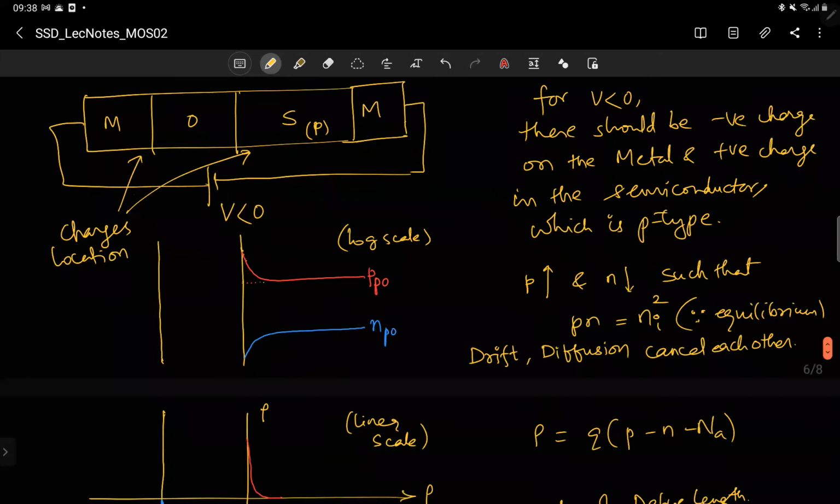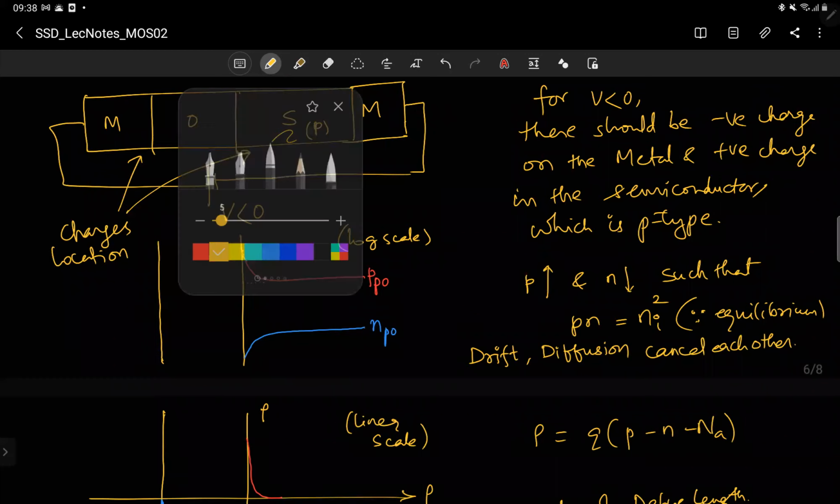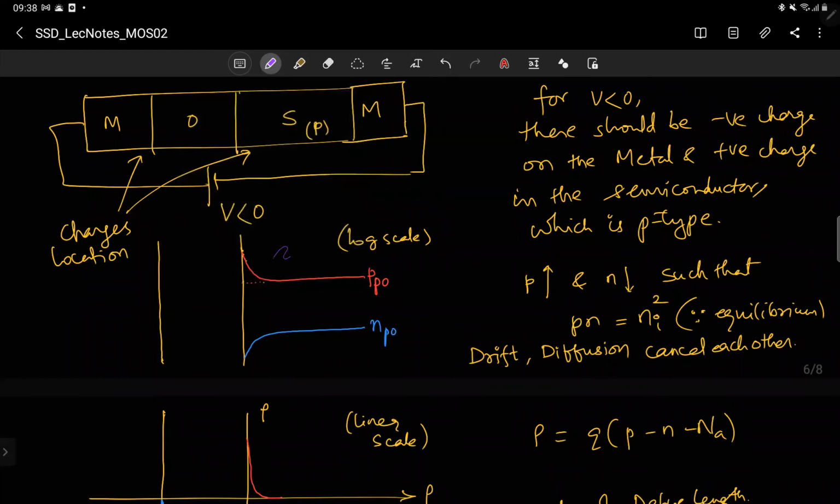So you see, it is still in equilibrium because drift and diffusion cancel each other. The diffusion for the holes will be in this direction. Say there is a hole here, hole diffusion will be in this direction.